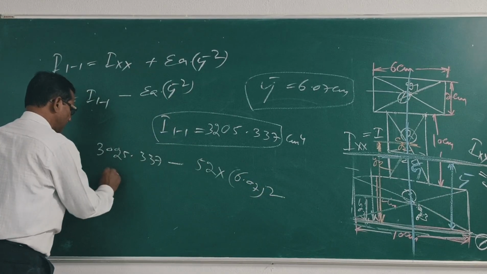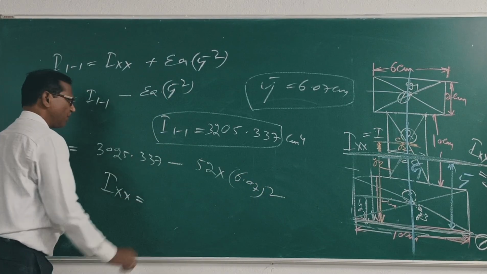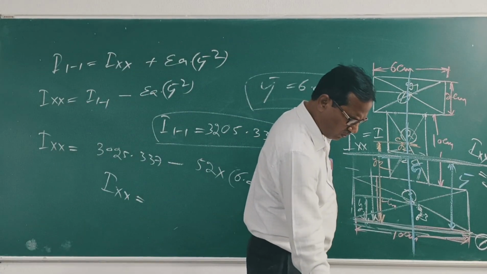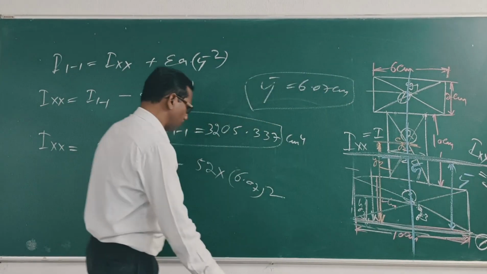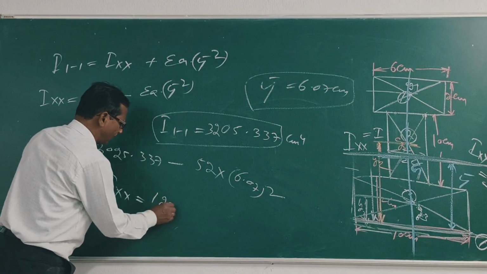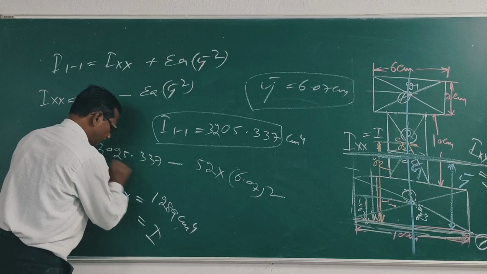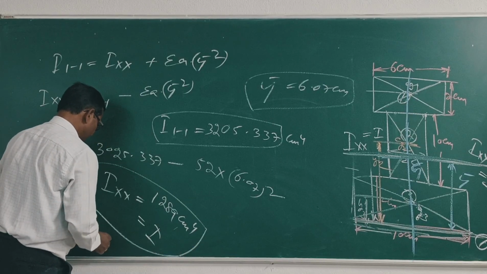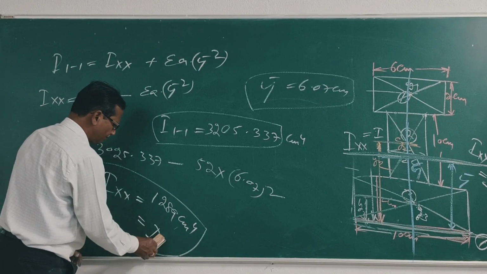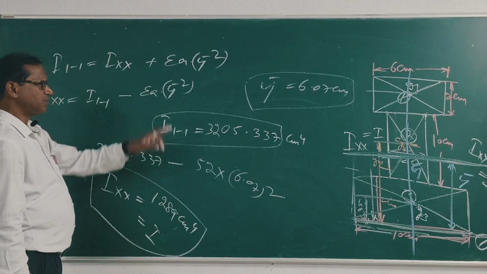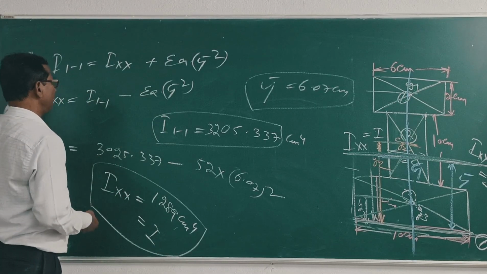This I x x about the centroid G is equal to 1289 cm fourth. This is I. Right?